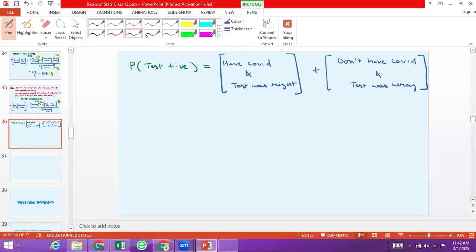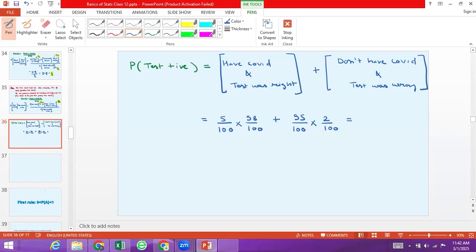Okay, now we will talk about both the scenarios. Having COVID and test was right: the probability of selecting a COVID person is 5 by 100, and the test being correct is 98 by 100. Or what can happen is that I have selected a healthy person, 95 by 100, and the test came wrong, 2 by 100.